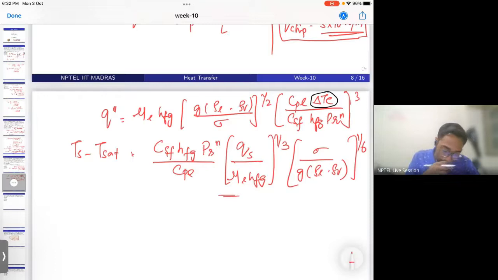All the parameters are given, that is CSF and so on.